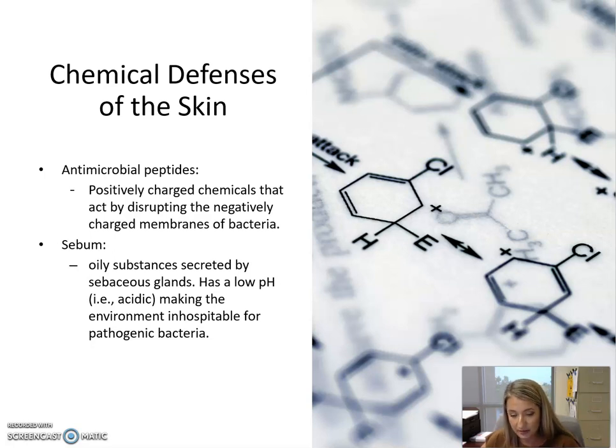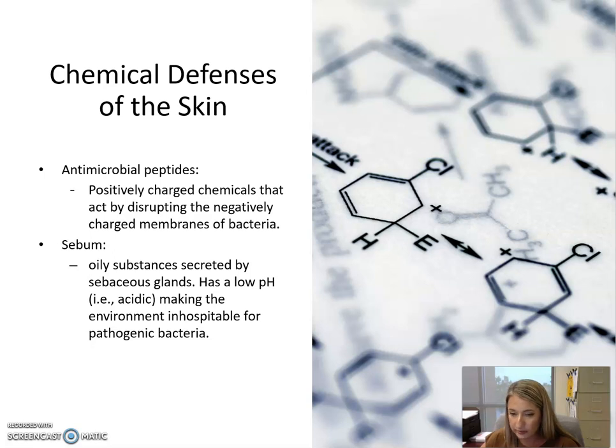And when they do so, they essentially are going to destroy the cell membranes of bacteria. So antimicrobial peptides use their positive charge to bind to negatively charged bacterial cell membranes and destroy them, which causes the bacterial cells to shrivel and die.